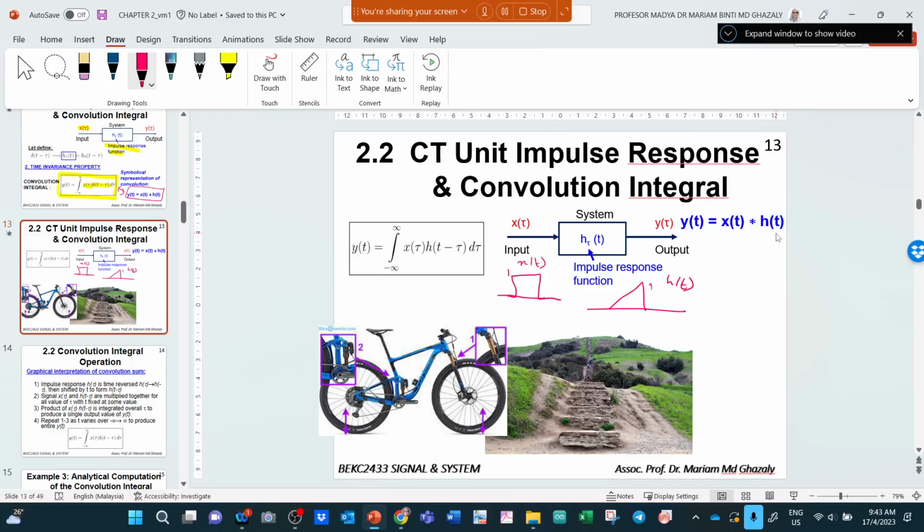So bagi tips ni, kalau you buat exercise di rumah nanti, when you do the convolution integral, you can do that two method. One is by shifting xt, fix ht. Dan satu lagi method, you fix xt, shift ht. Kalau you dapat the same jawab answer, then correct lah.